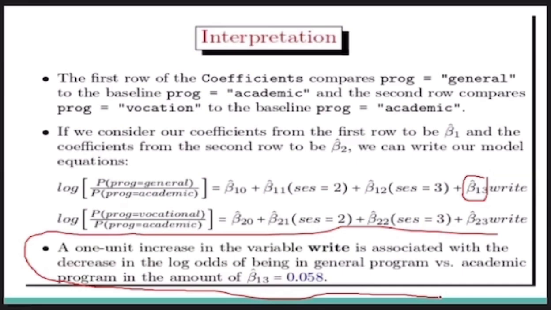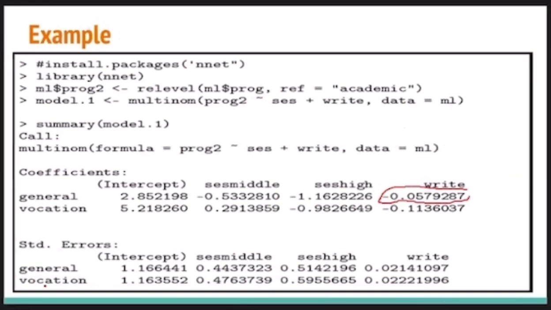Now, in the log odds, look at the way you're going to interpret it. Log odds of being in the general program versus academic. Do you see my interpretation right now? Because that guy is only for this. If I'm to interpret beta 2-3, for instance, I'm actually going to use this guy here.